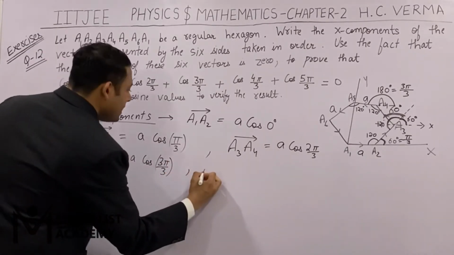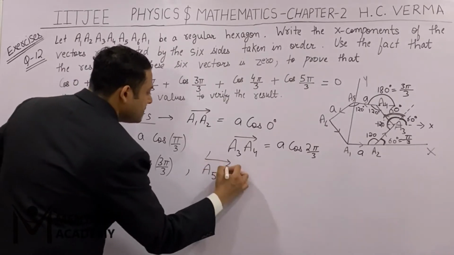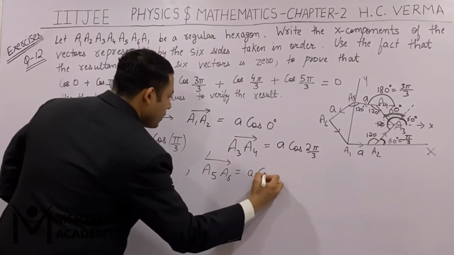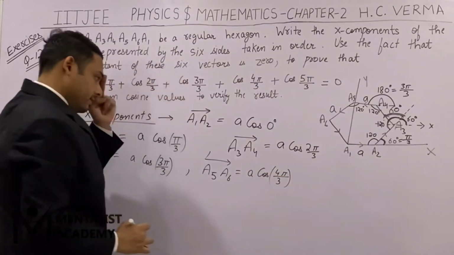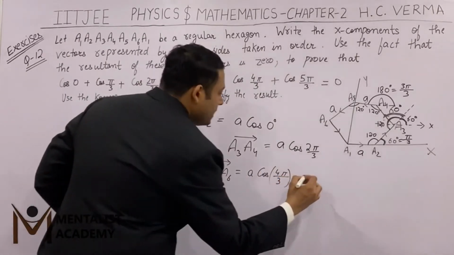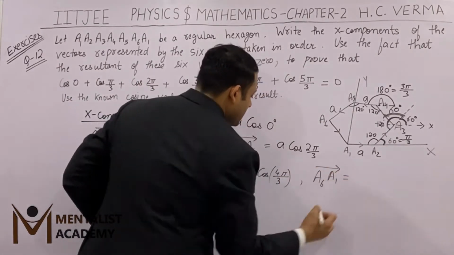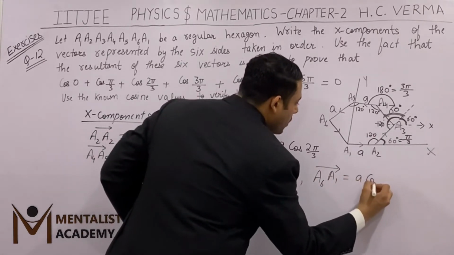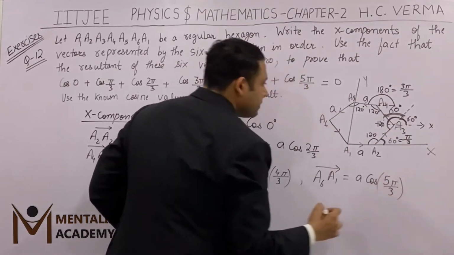Similarly, if we write down the next vector, that is A5 A6, it will be a cos 4 pi by 3. And similarly, the next vector A6 A1 is equal to a cos 5 pi by 3.